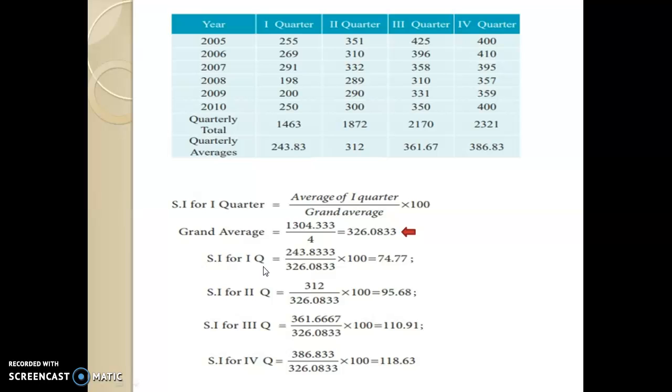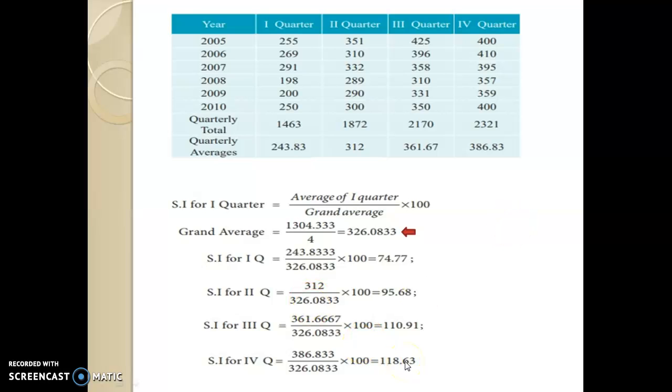Similarly, the seasonal index for the first quarter is 77.77, second quarter 95.68, third quarter 110.91, and last quarter 118.68. The sum of all quarters, 77 up to 118.63, becomes 400.